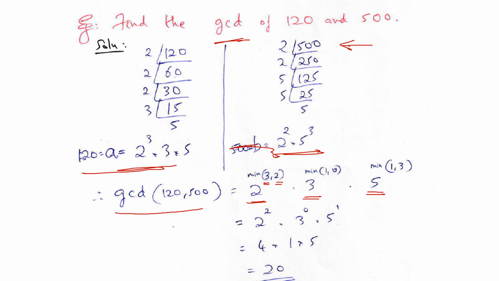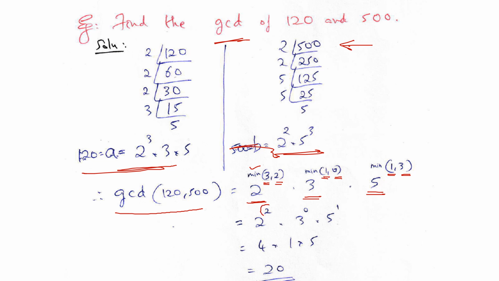Same way here also, this 3 is present only for that 120, whereas in 500 that 3 is not present, so you have to write it as 0. Then for 5, you see, in the 120 case it is 5 to the power 1, whereas in 500 it is 3. Now what is important is, out of this 3 and 2, what is minimum?